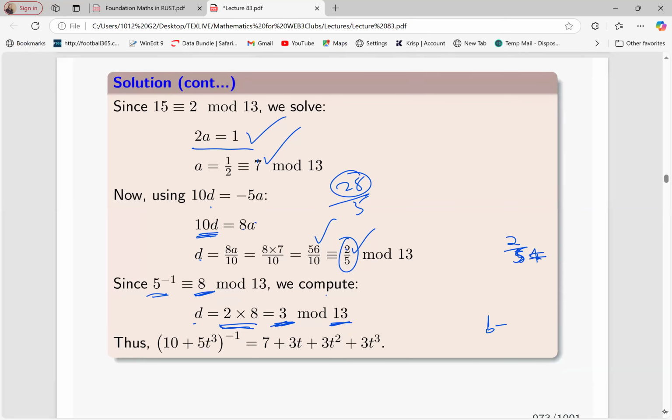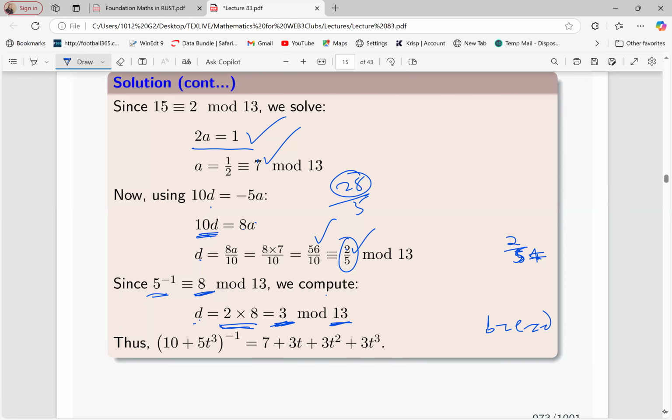And remember, B was C and was D. So D is 3. That means B will be 3 and C will be 3, but A was 7. And we had said that our inverse is supposed to be A plus BT plus CT square plus DT cubed.